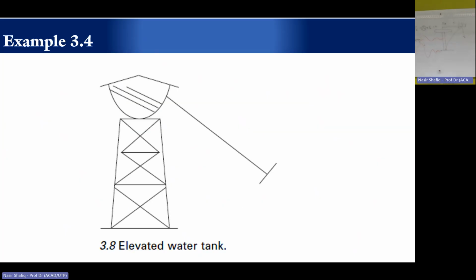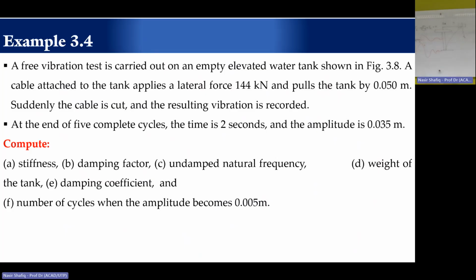We apply the force through this cable attached to the tank, with a lateral force of 144 kilonewton as we pull. So you are applying tension in this cable.